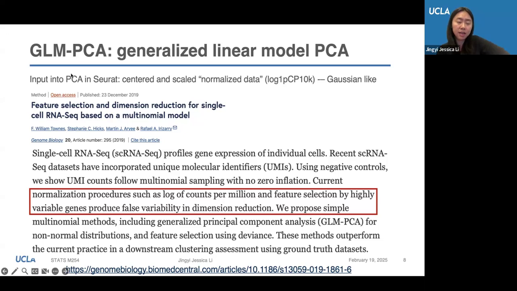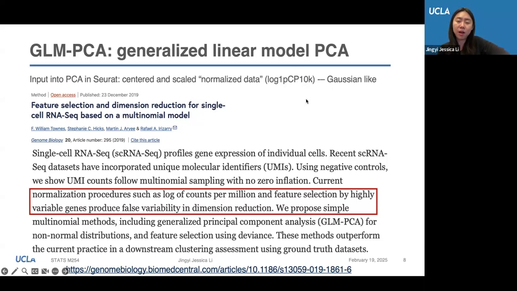In single cell data analysis, the default in Seurat is that the data you input into PCA are not the original count data. They are the normalized data. We told you this before, log 1p CP10K. That means you first normalize each cell to have total equal to 10K. That's called CP10K values.